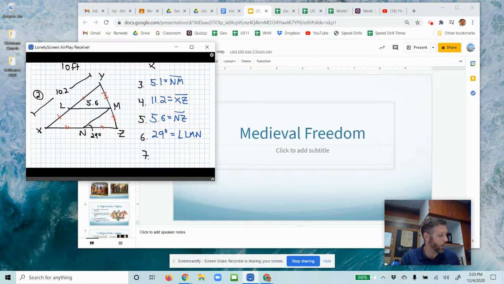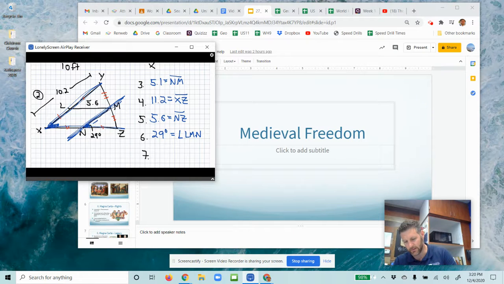Then we need angle YXZ. So we're looking for this angle right here. Let's see, can we find a relationship? Well, look, we've got a parallel line right there. NM is parallel to XY. And if we can see the 29 degrees here, it is actually a corresponding angle.